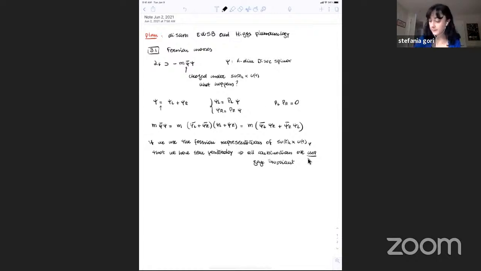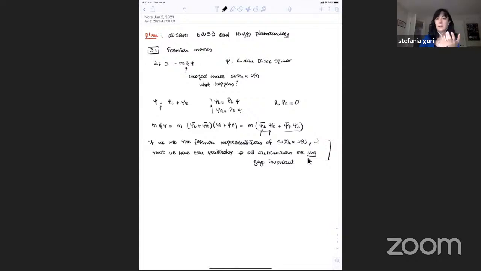In the sense that if I take any psi left and any psi right, any left-handed or right-handed quark or lepton that we introduced yesterday, and we combine them in this way, then we don't get a singlet of SU(2) times U(1). So we cannot write down a gauge invariant mass for the fermions that we introduced yesterday. So that's the conclusion.